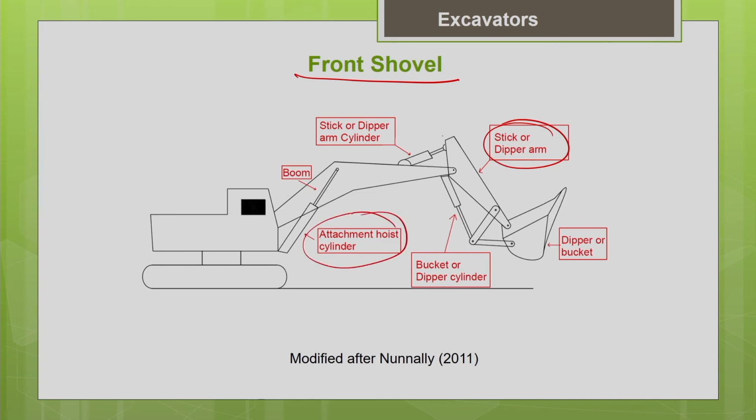The one connected to the dipper arm is called the dipper arm cylinder, and the one connected to the bucket is called the bucket or dipper cylinder. These hydraulic cylinders deliver the hydraulic power needed for digging the material. You are able to generate the breakout force and dig the material because of the hydraulic power.